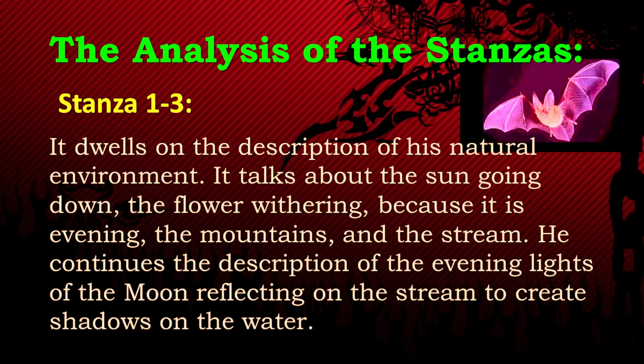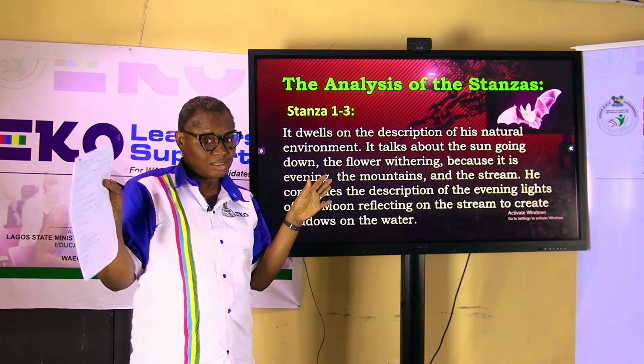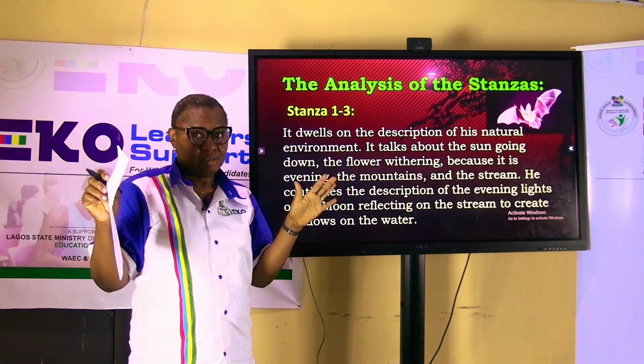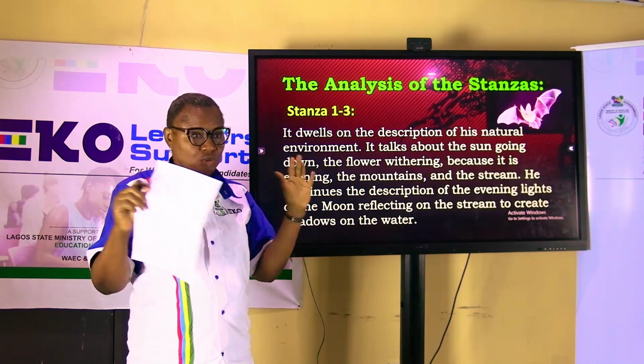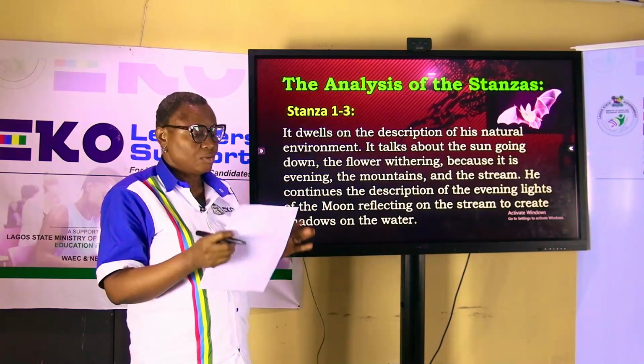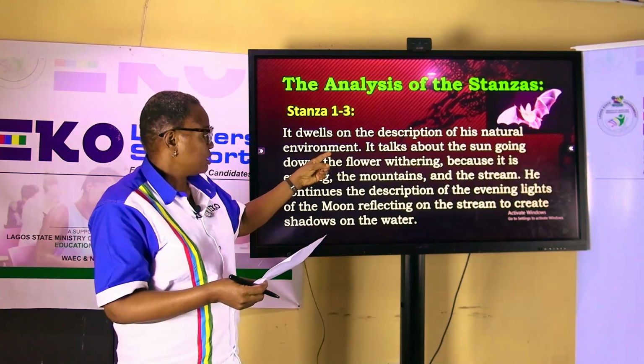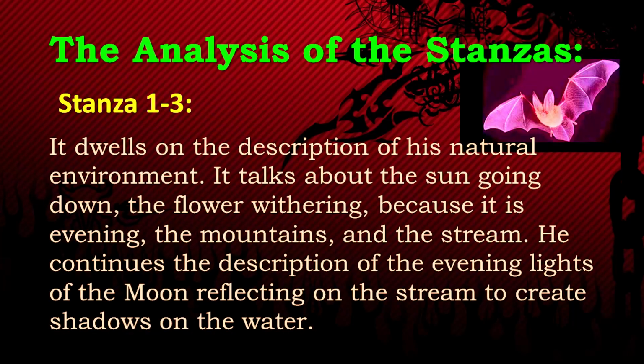We have the poet persona sitting on his terrace, enjoying nature, the work of nature, the elements. In that stanza, it talks about the sun going down, the flower withering because it is evening, the mountain and the stream. It continues the description of the evening light.